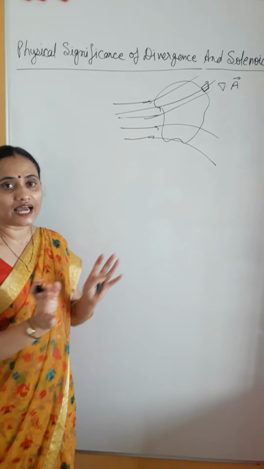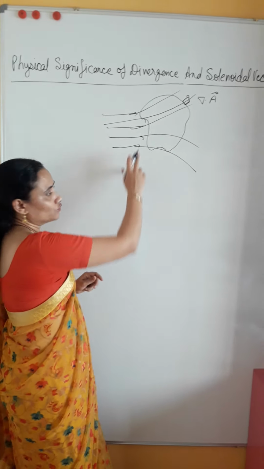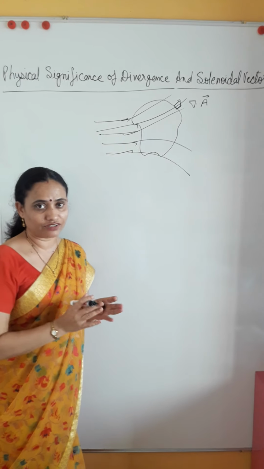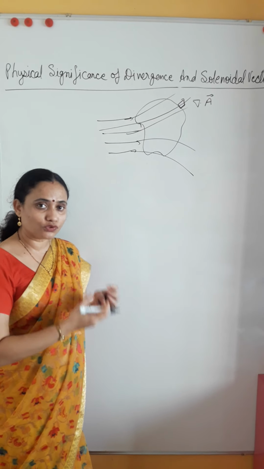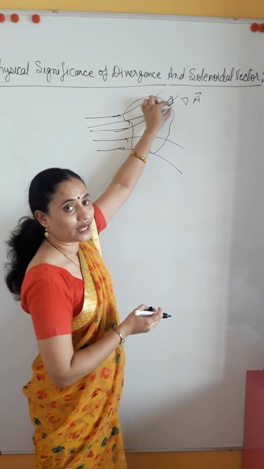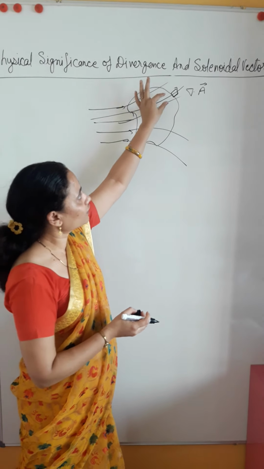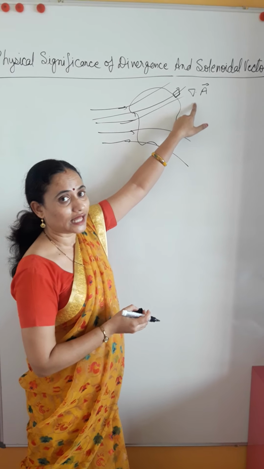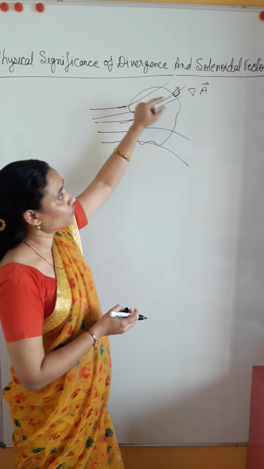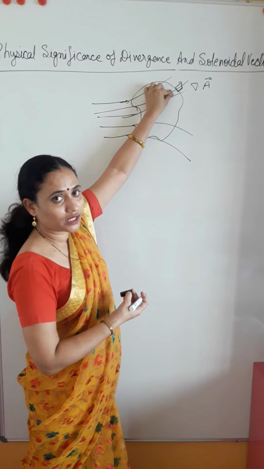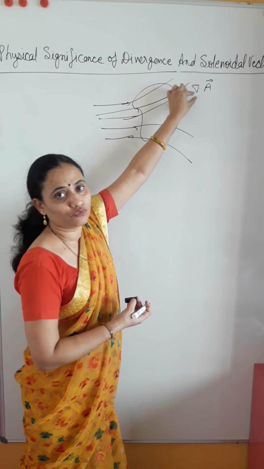How much is diverting? That is the physical significance of divergence. We want to know how much fluid is coming out at any time per unit volume. So whatever the value of divergence is, that represents the fluid originating or coming out per unit volume.